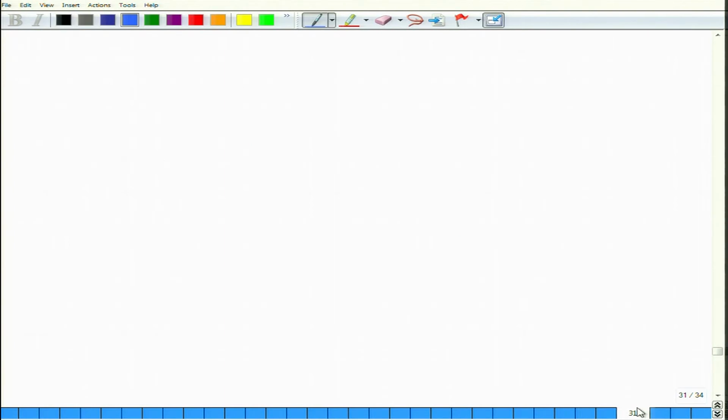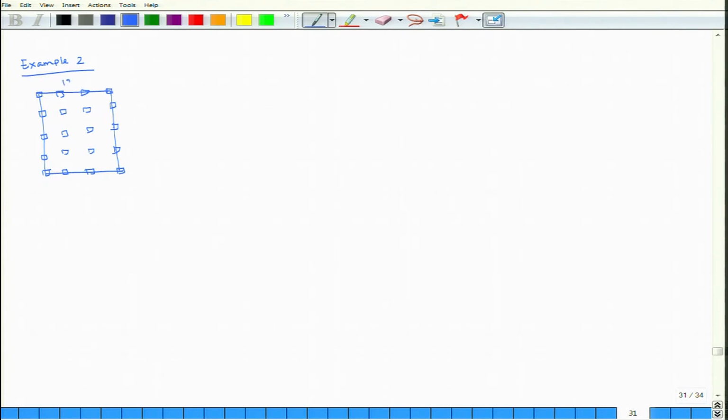Come to your next example, example 2 for raft. These are the sizes that have been given, column loads also given.